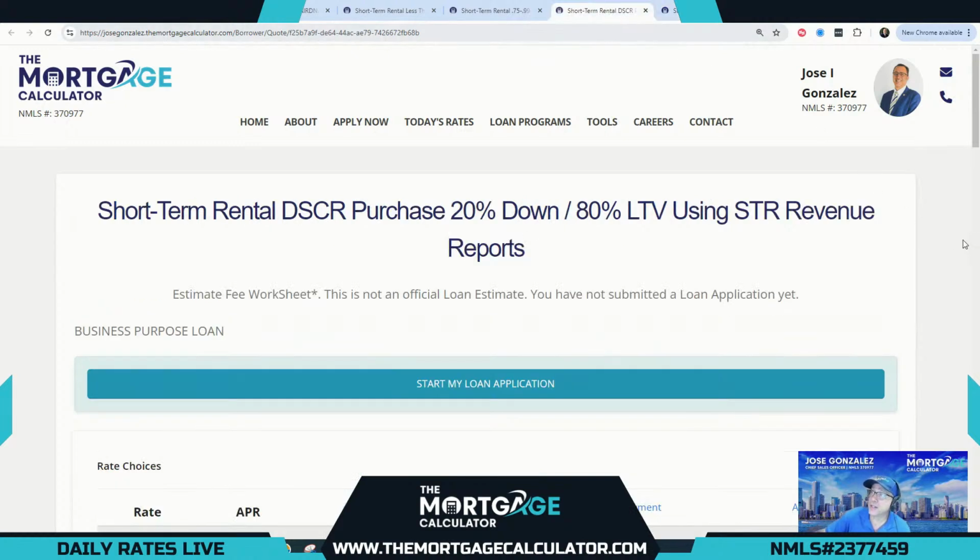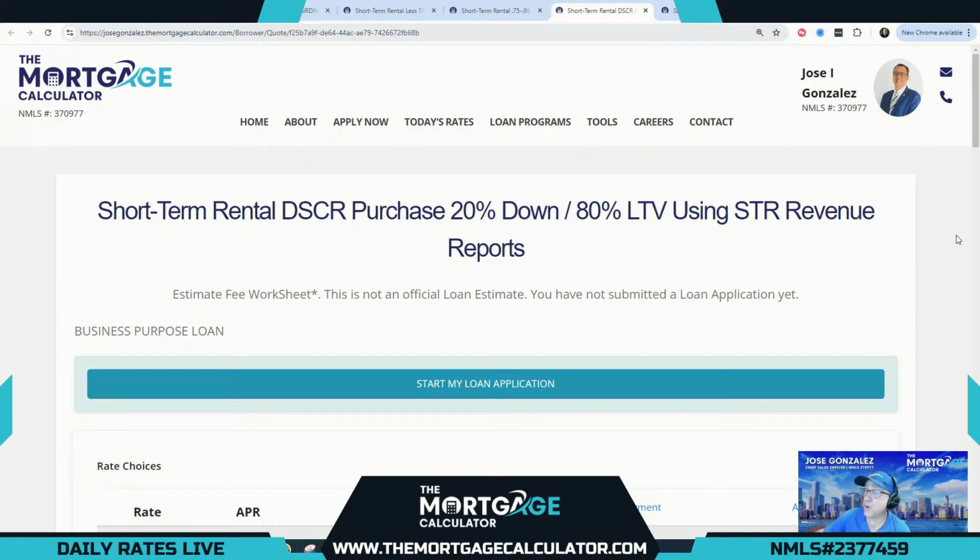Our next option, if AirDNA comps are not available, you could use short-term rental revenue reports. Now, for a purchase, this is only going to be possible where the seller is already operating the property as a short-term rental and is able to provide the last 12 months of short-term revenue reports from portals such as Airbnb, HomeAway, VRBO, Booking.com.